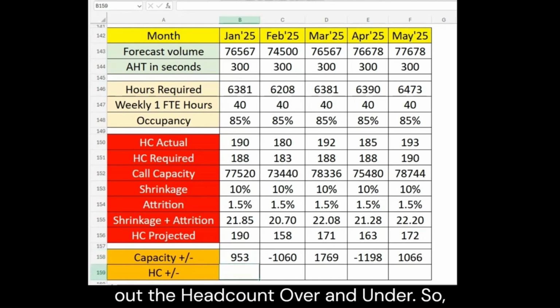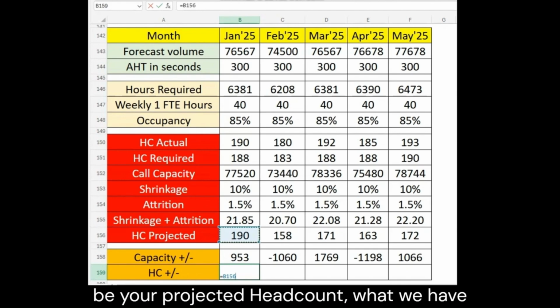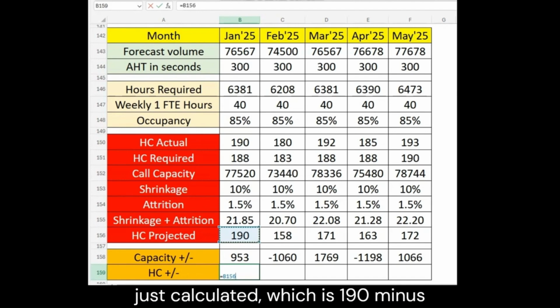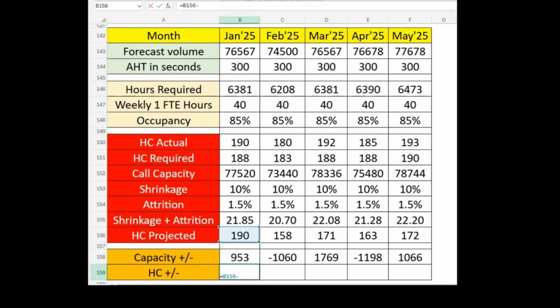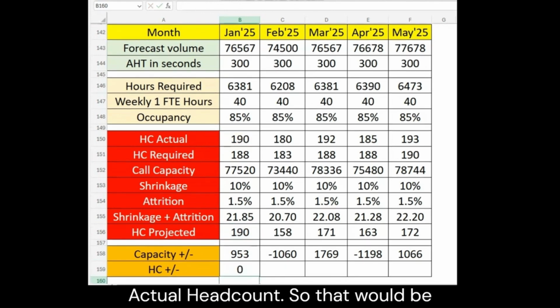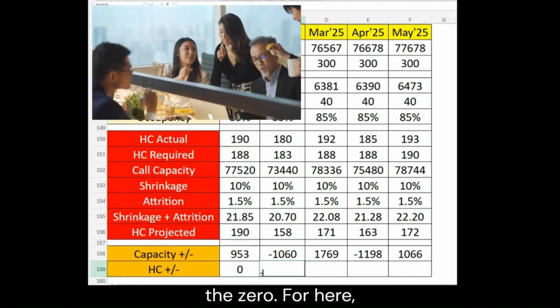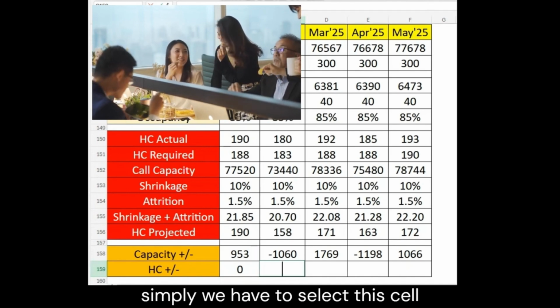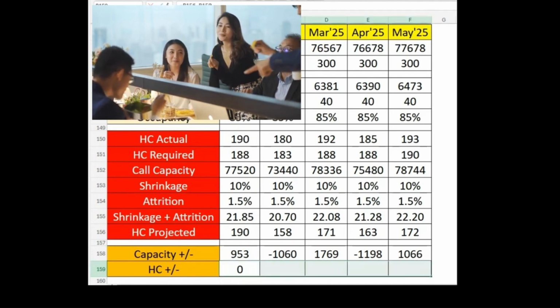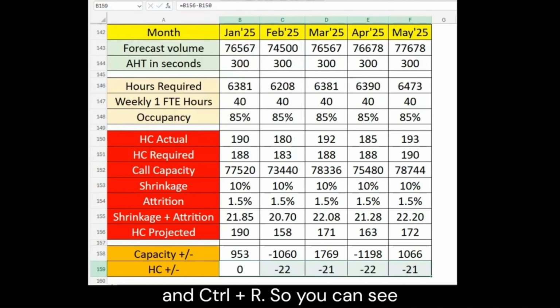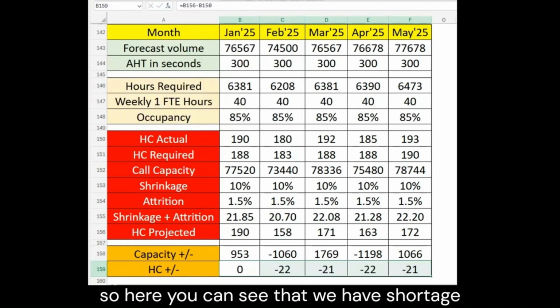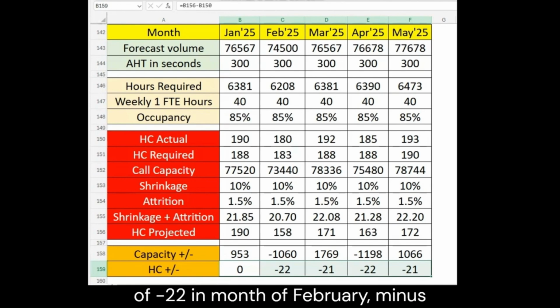After that, we have to find out the headcount over and under. Here the calculation would be your projected headcount, what we have just calculated, which is 190, minus actual headcount. So that would be 0. For the rest, simply select this cell and Control R. You can see that we have a shortage of minus 22 in the month of February, minus 21 in the month of March.